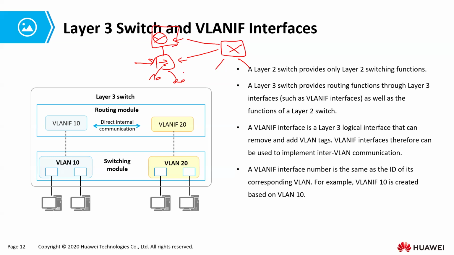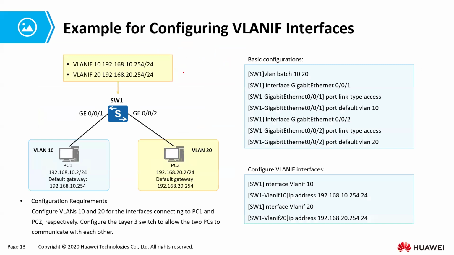The idea of inter-VLAN routing is to create gateways for every VLAN. Every VLAN has a gateway. The gateway is what takes traffic from the specific VLAN and sends it to the router, and then inter-VLAN routing happens. So in this case, how do we achieve that?